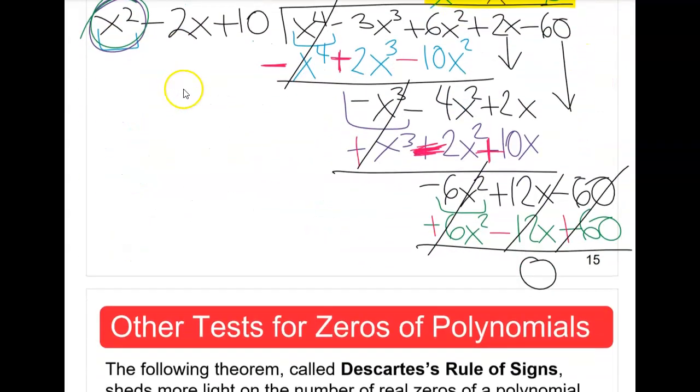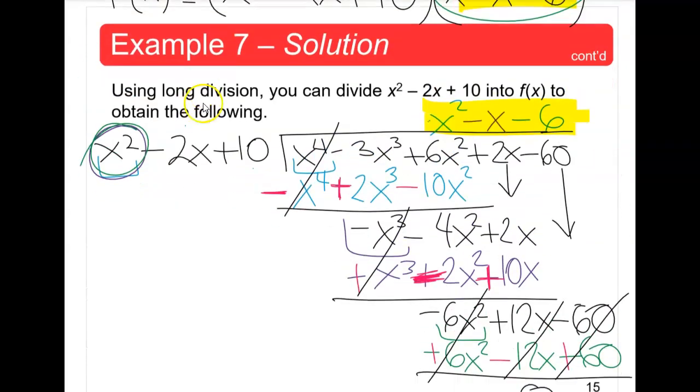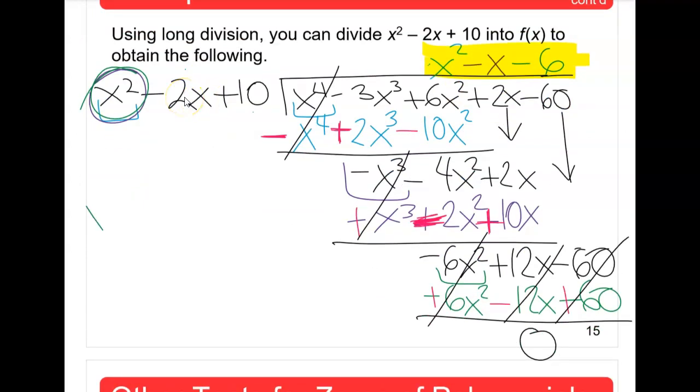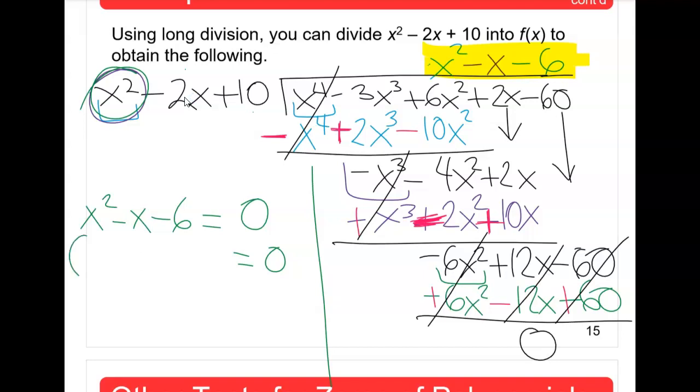So let's see if we could just factor it, and we should be able to. So x squared minus x minus 6 equals 0. So we will factor it as the product of 2 binomials. And because this number is negative, that means that we have a positive and a negative there.